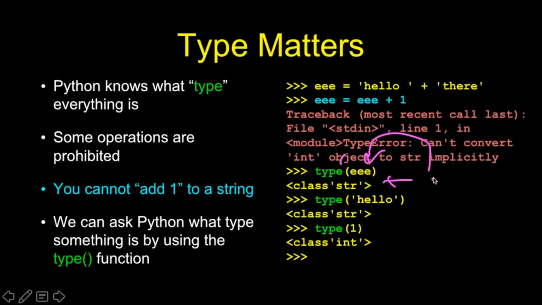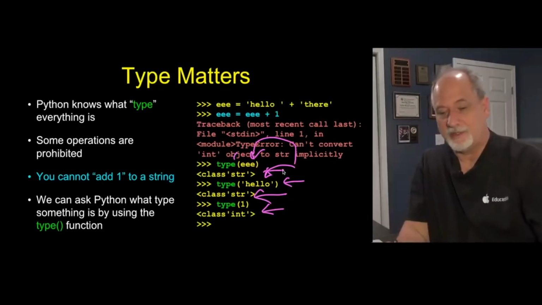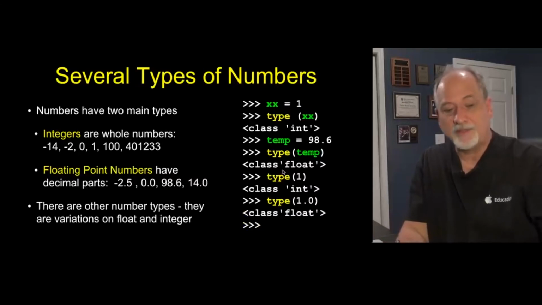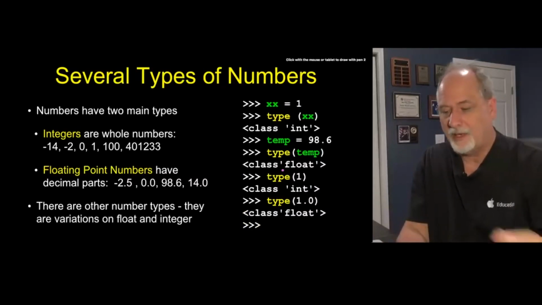And then we can pass in a constant and say, hey, what about hello? The string hello, it's like, oh, that's a string too. What about a 1? Well, that's an integer. And so we are asking Python through the type function what the type of either a variable or a constant is. And there are even several types of numbers, and we'll even see Booleans and others later.